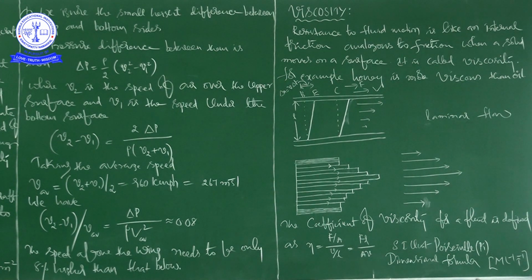The layers of liquid slide over one another as the pages of a book do when it is placed on a flat table and a horizontal force is applied on the top cover. You have to experience this personally: keep the book on the table, take the top paper and try to pull. What's happening? In a similar manner, the fluid behaves when it is coming out from a bottle.